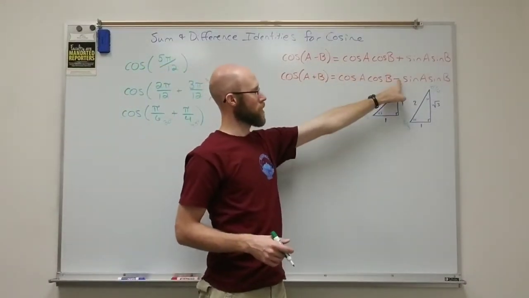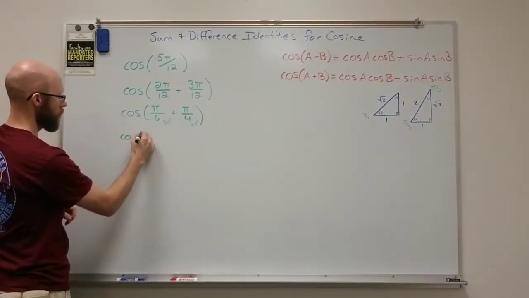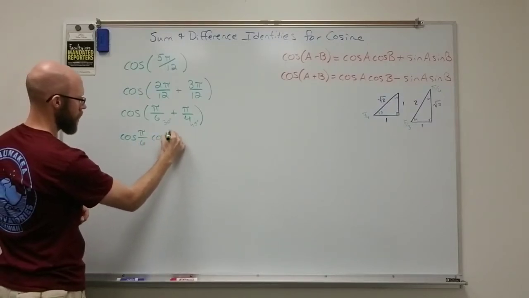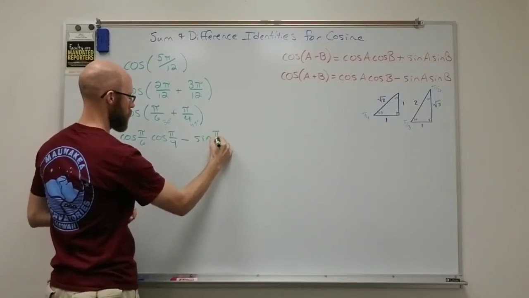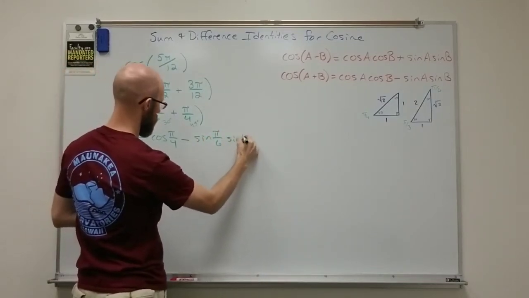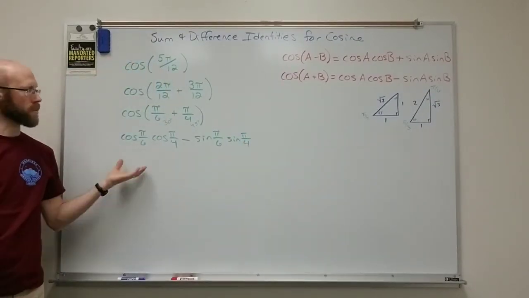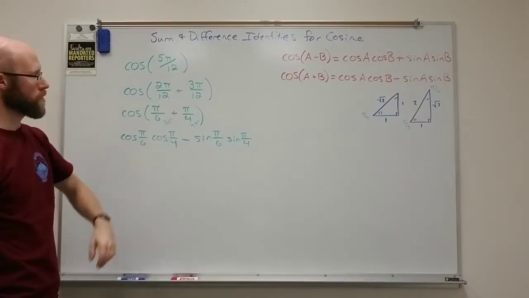Remember, the sum becomes a difference. So we're going to have the cosine of the first angle times the cosine of the second angle minus the sine of the first angle times the sine of the second angle. Okay, so that's the formula then for the cosine of a sum.